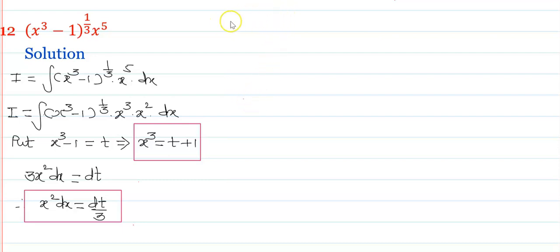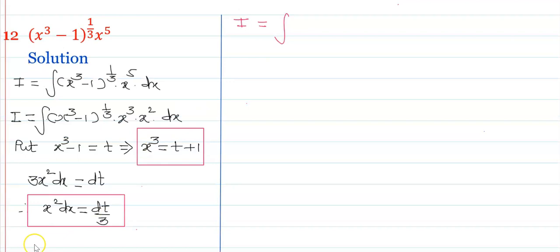Now see this, our integral I is equal to integral, x cube minus 1, bracket raised to 1 upon 3, x cube into x square into dx. Now substitute the values. X cube minus 1 is t, therefore its integral is t raised to 1 by 3.